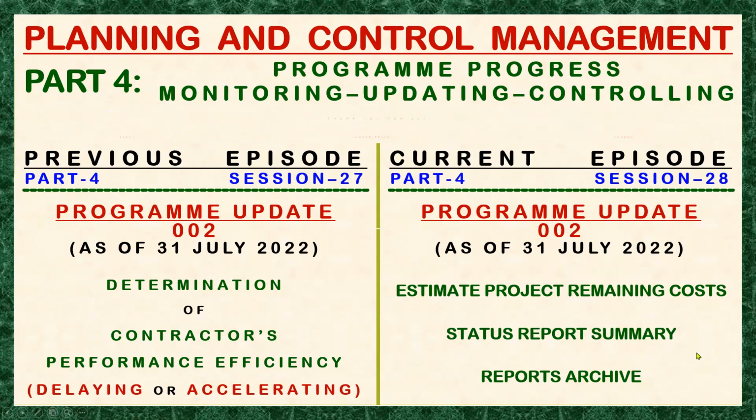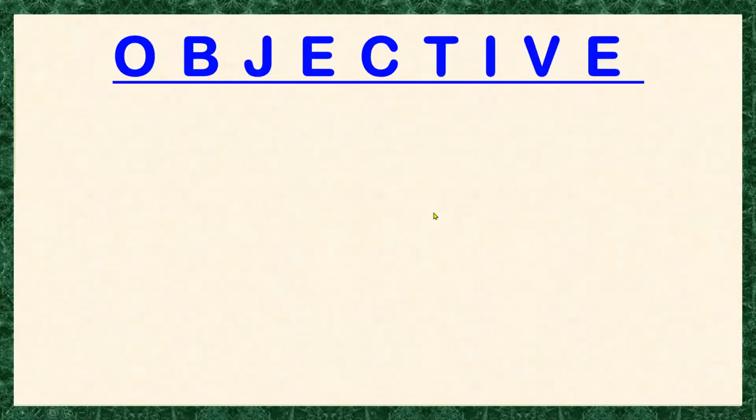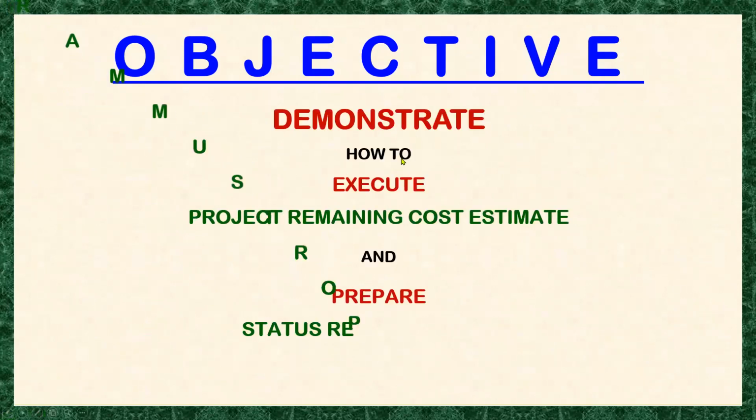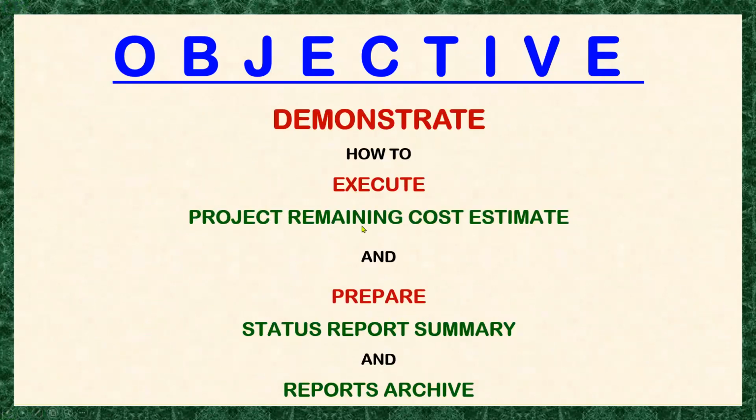So this is the last step of our program update 002. Our objective here is to demonstrate how to execute the project remaining cost estimate and prepare the status report summary and reports archive.